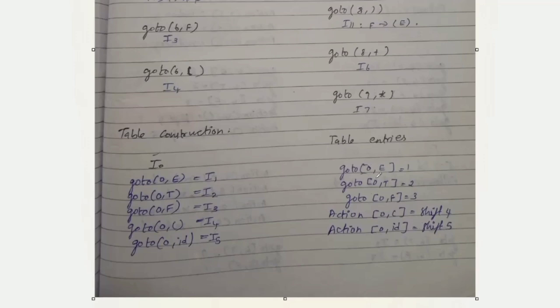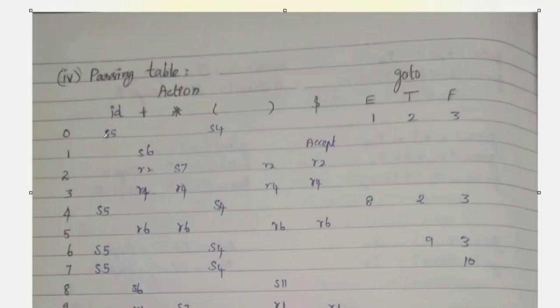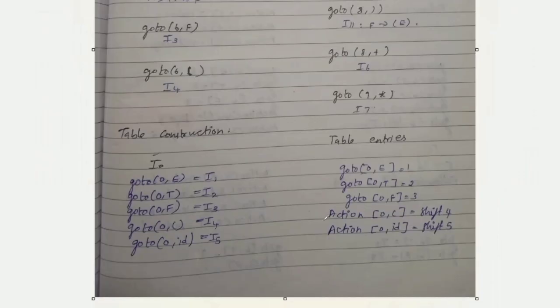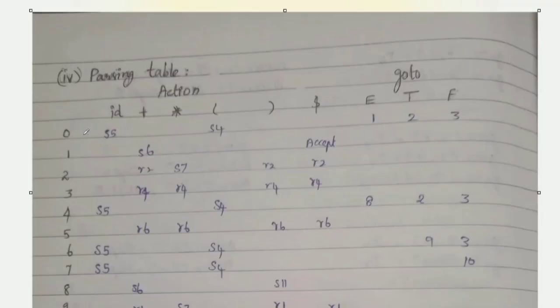In the parsing table, 0, comma E, 0, comma T, 0, comma F are 1, 2, 3. Write 0, comma E 1, 0, comma T 2, 0, comma F 3. Then in the action part, 0, comma open bracket shift 4, 0, comma ID shift 5.